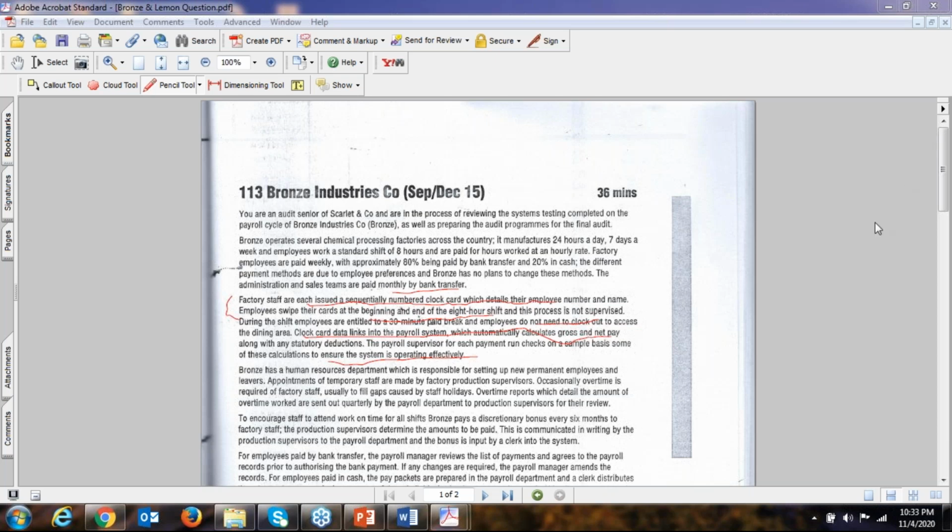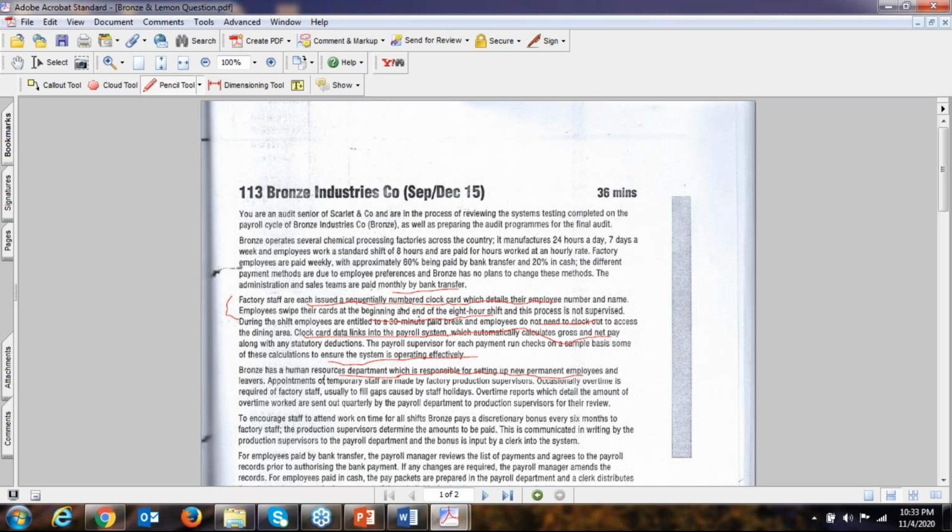Now we are going to read the next paragraph of the question. Bronze has a human resource department which is responsible for setting up the new permanent employees and leavers. The payroll department is mentioned in the above paragraph, and there is a separate department for human resource.